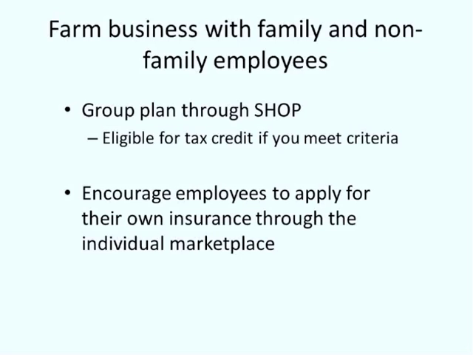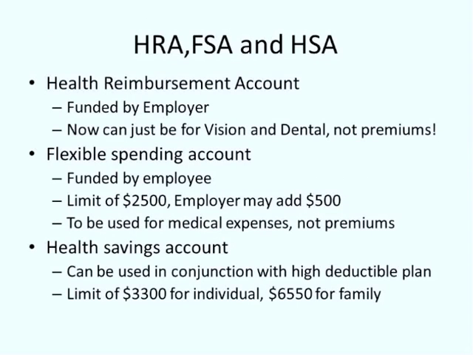Now, of course, they can't go through the SHOP website to do that, but they can still go through the program. Or they can encourage employees to apply for their own insurance through the marketplace. I'm going to talk a little bit about managing employees in a little bit, but that's an option for them as well.